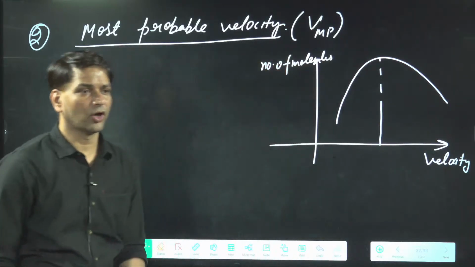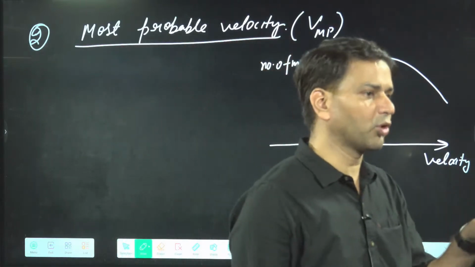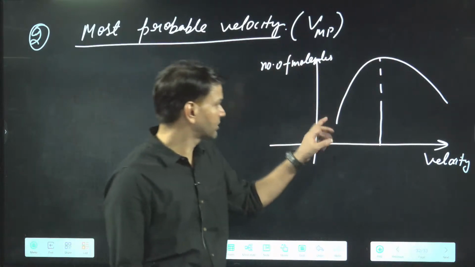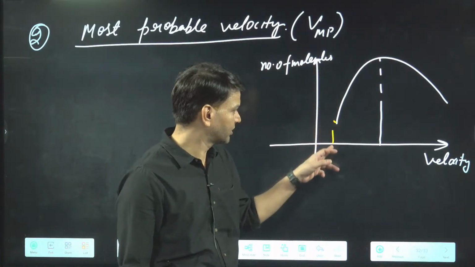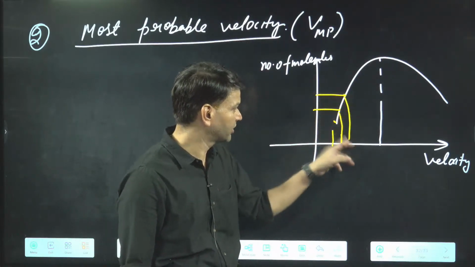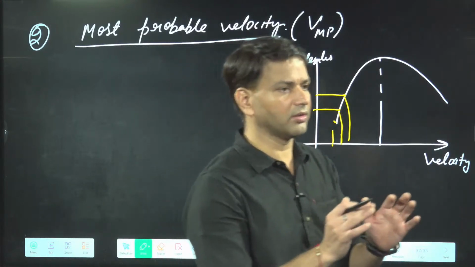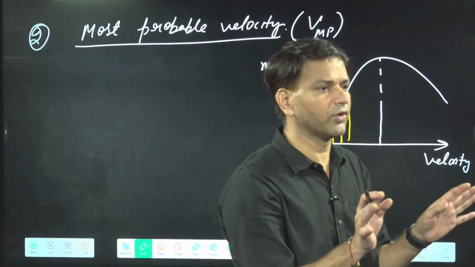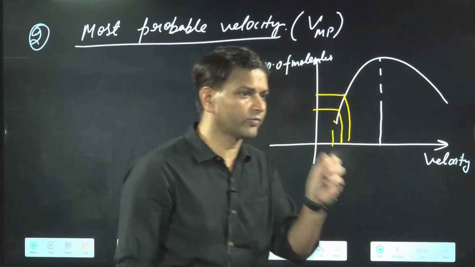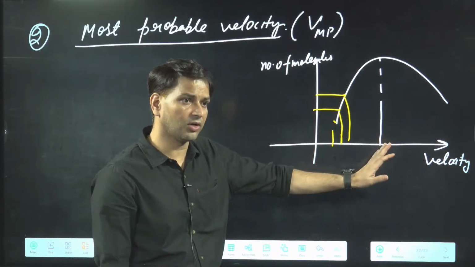So some particular velocity with which more molecules are moving, because here it is showing that this number of molecules are moving with this velocity, this number with this velocity. All molecules do not have different velocities; some molecules are moving with the same velocity. So he took the number of molecules on the y-axis and velocity on the x-axis.